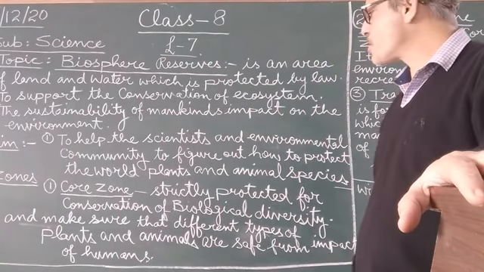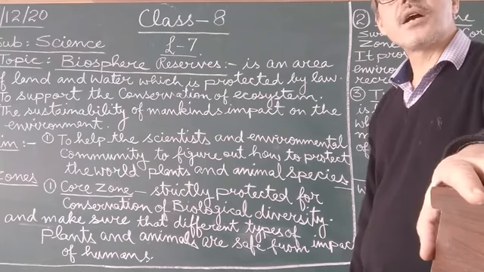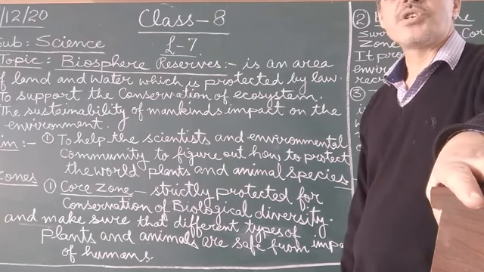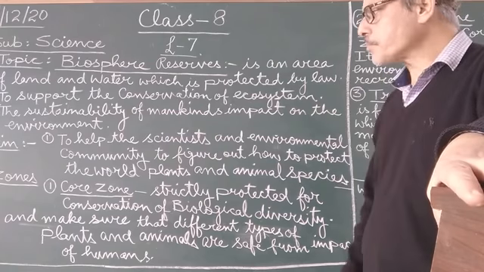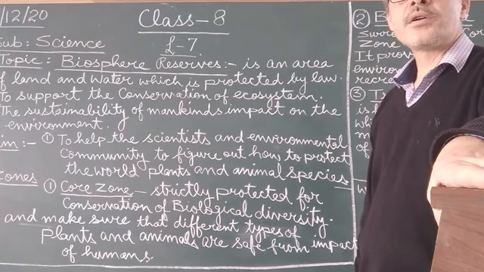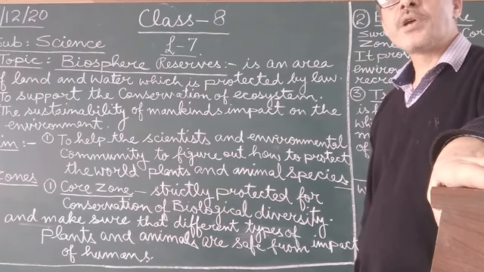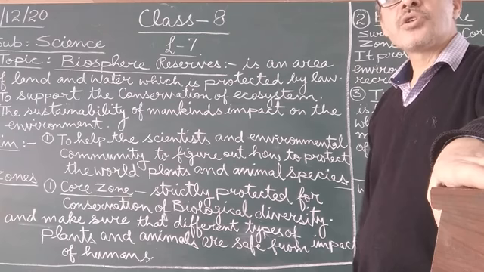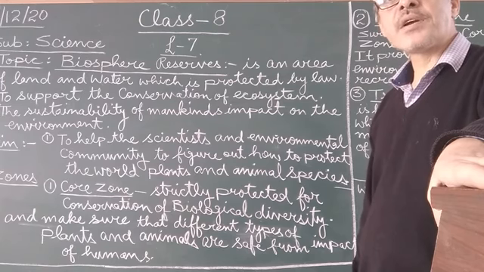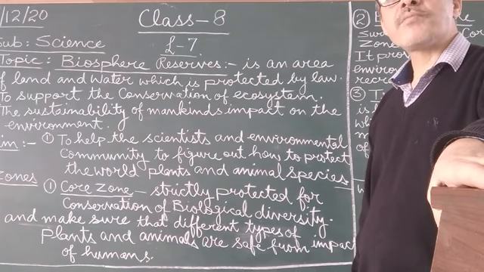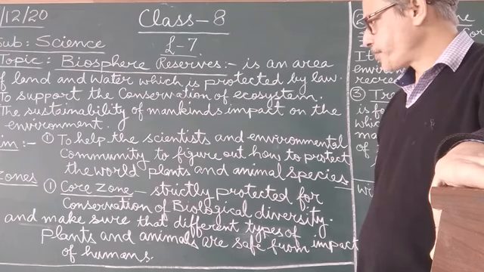It is strictly protected for the conservation of biological diversity and also to make sure that the different species of animals and plants which are present are safe from the effect or impact of human beings.